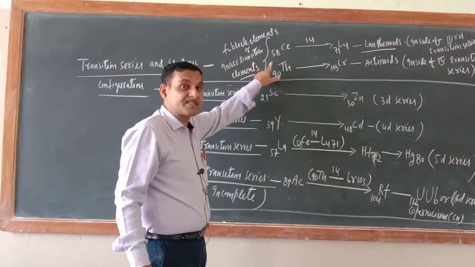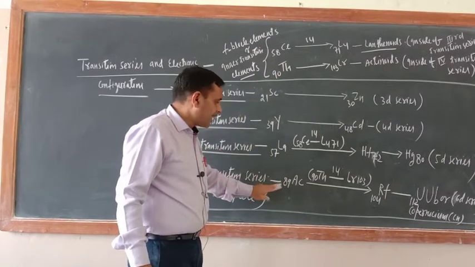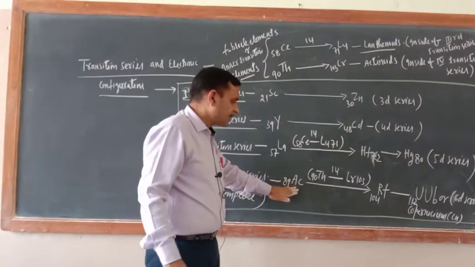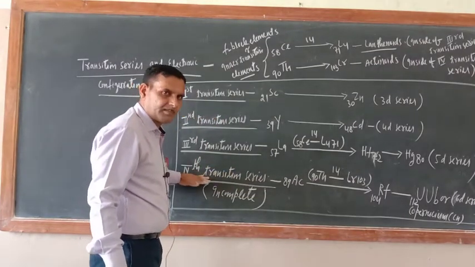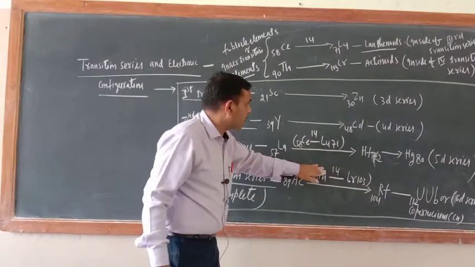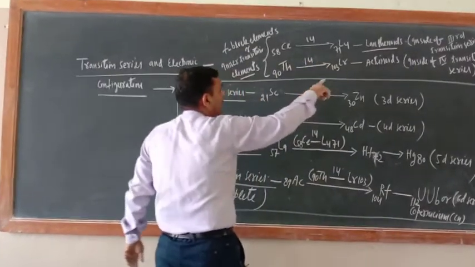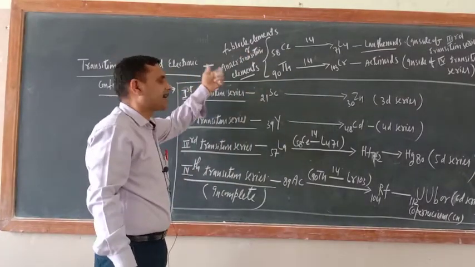Lanthanides start from cerium 58. Similarly, the second series name is actinoids, but actinium is not a member. Actinium is a member of the transition series, D block elements. These 14 are known as lanthanides and actinides, F block elements or inner transition elements.